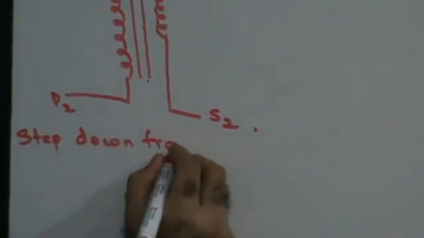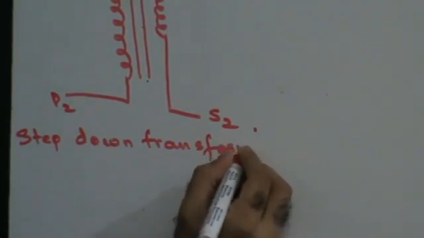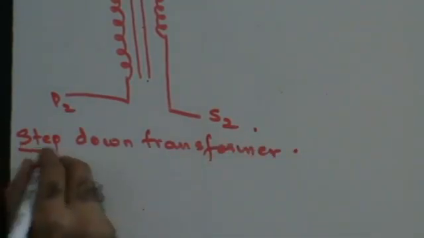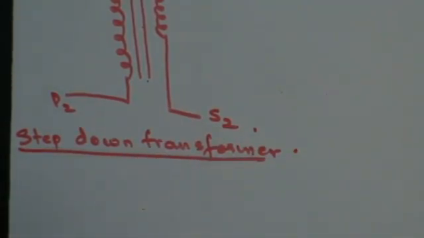Soft iron core in the center. This is called as a step down transformer. Now what is a step down transformer? In this case you have exactly the reverse configuration.